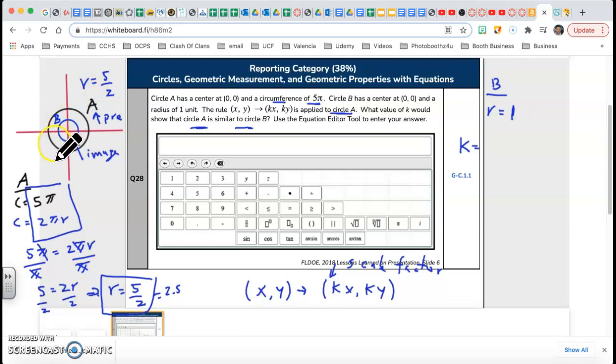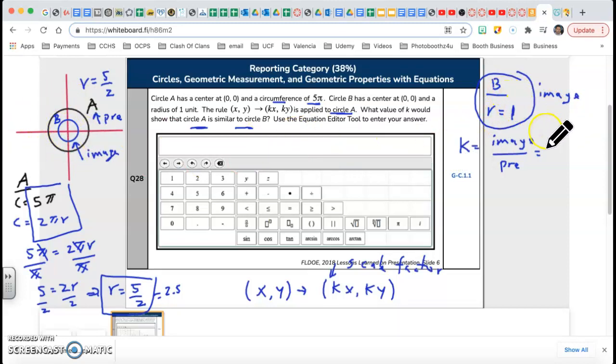So the way I do this is the following. My scale factor is image over pre-image. The image is the one that I transformed already, in this case circle B. The pre-image is A, the original.